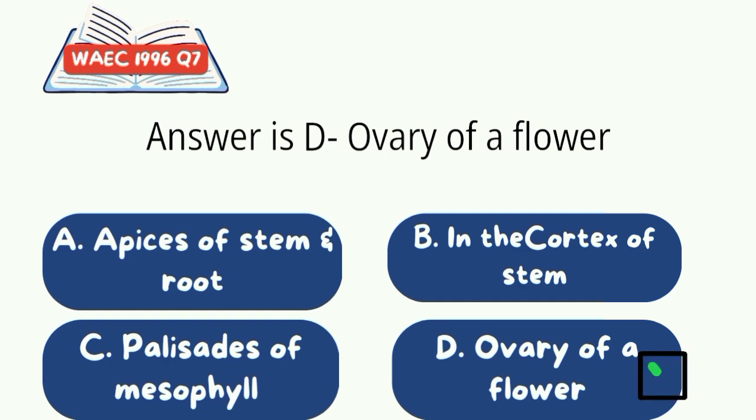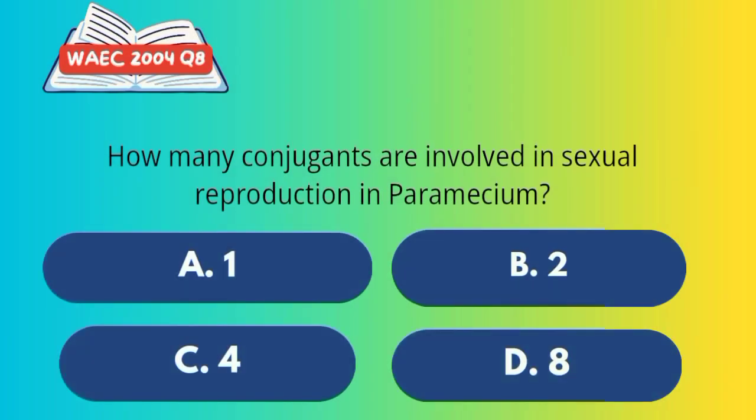that undergo mitosis. The next question is question 8, 2004, and it says, how many conjugates are involved in sexual reproduction in paramecium? A. 1, B. 2, C. 4, and D. 8.